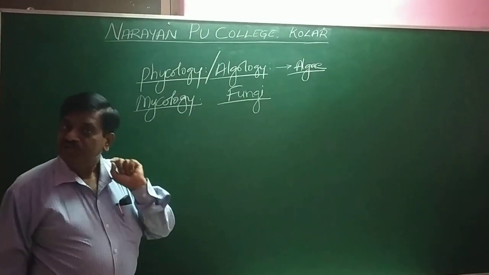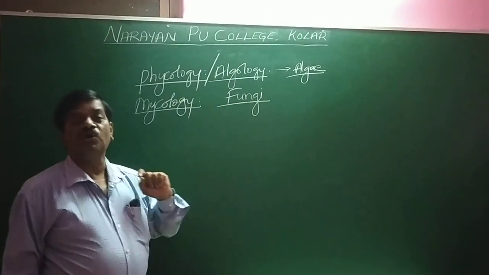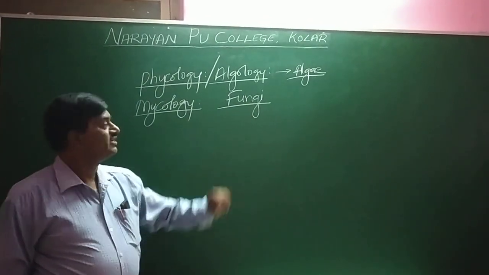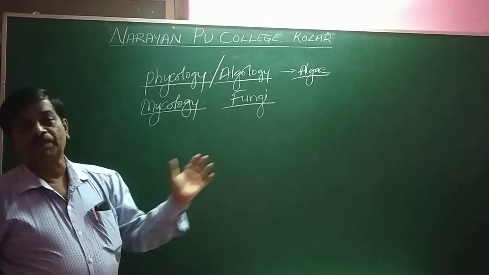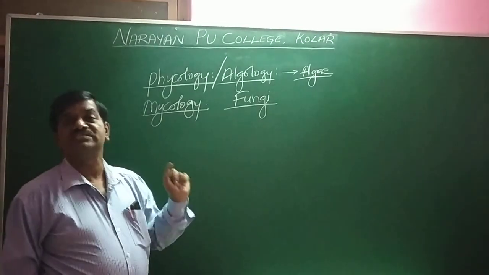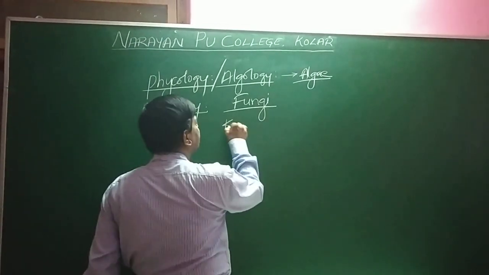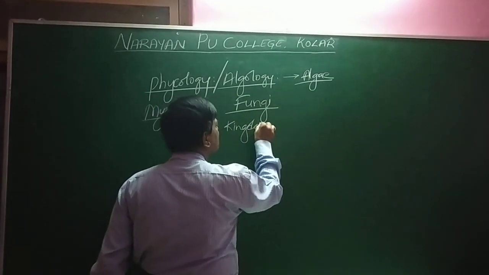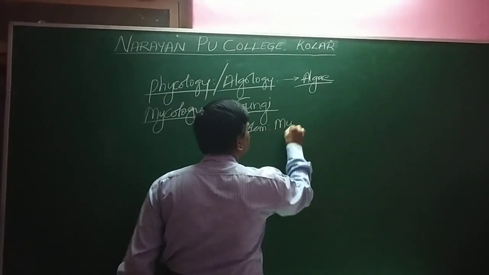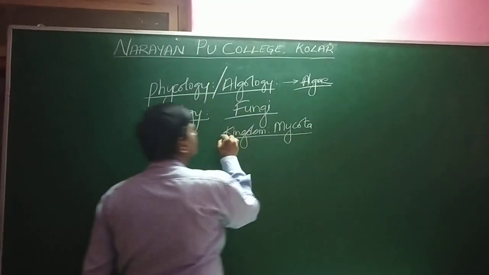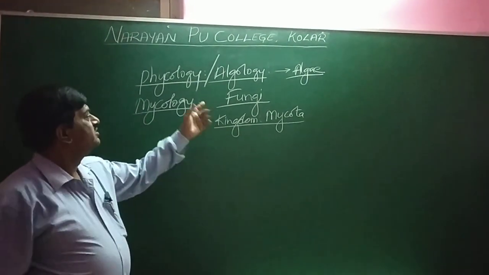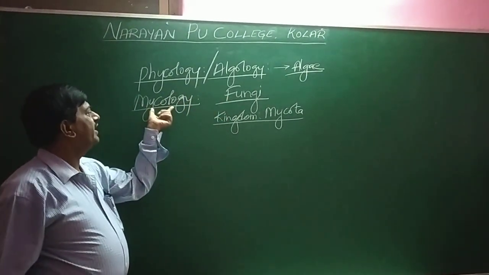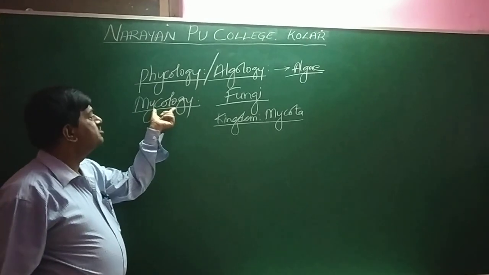Chlorophyll is totally absent. So, in this group of plants, chlorophyll is absent, so it is included in a separate kingdom called Mycota. And the study of fungi is called mycology.